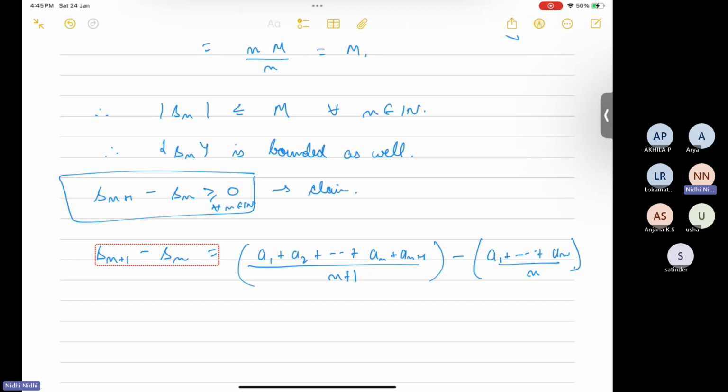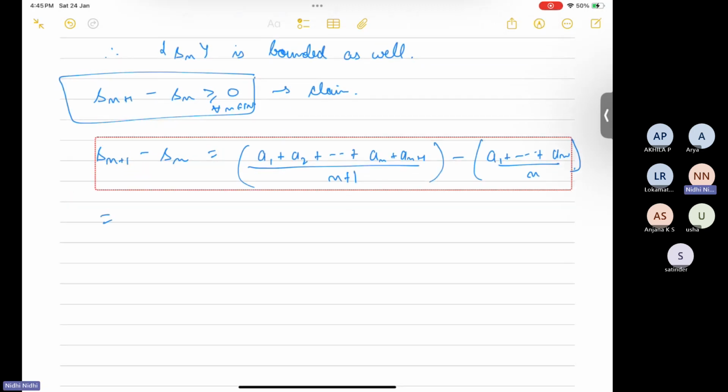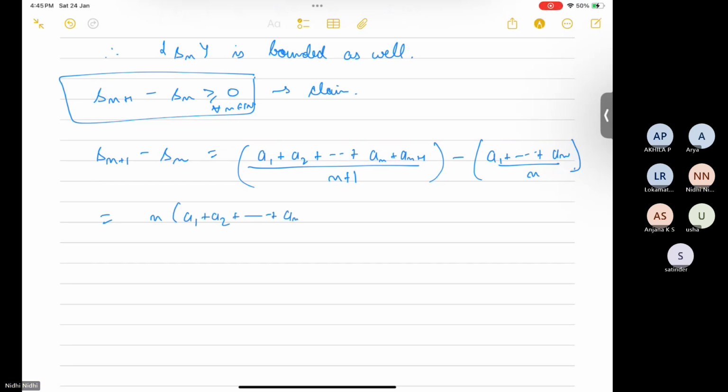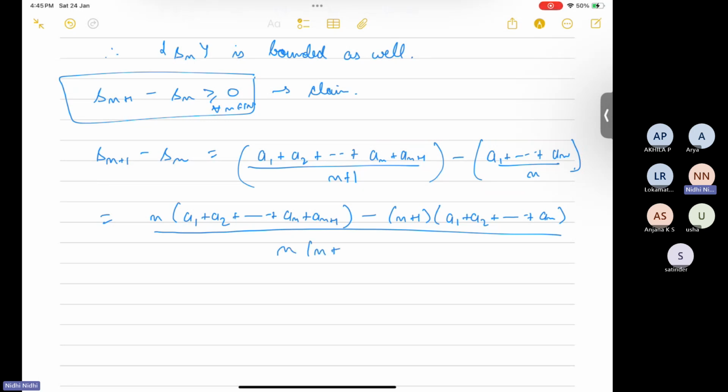Now if we take the LCM and add these two terms, we'll get n times (a1 plus a2 and so on up till an plus 1) minus n plus 1 times (a1 plus a2 and so on up till an), upon n into n plus 1.